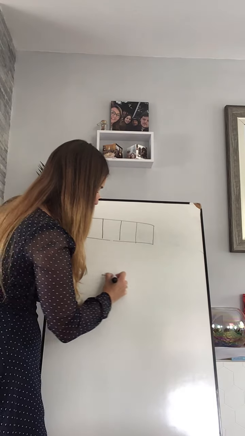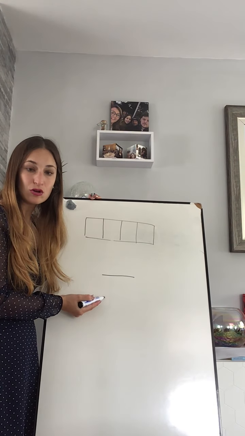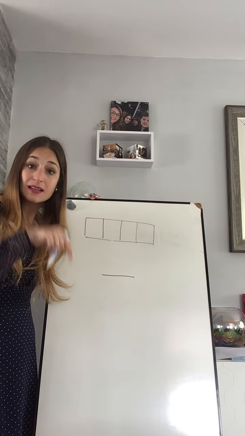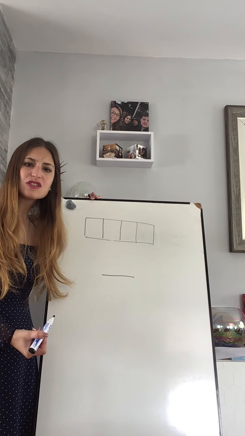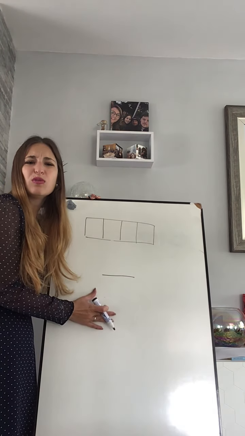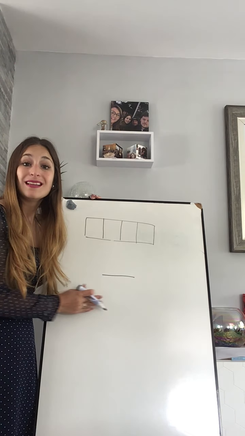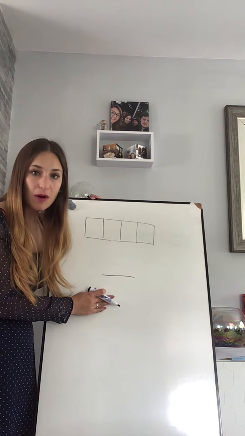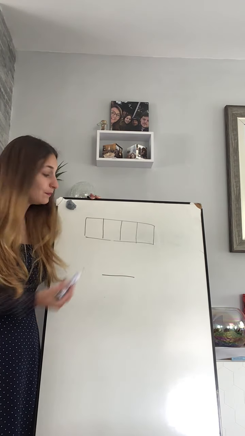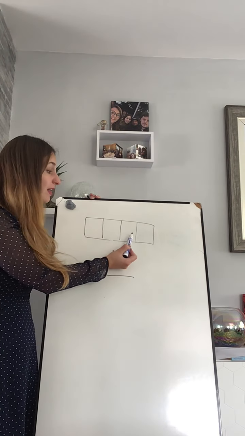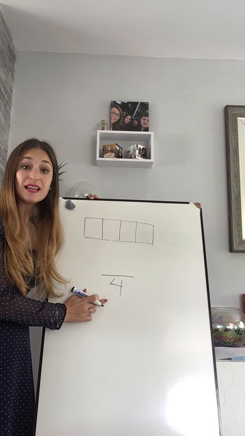We have to do a line, and we have our numerator and our denominator. The denominator is the number that goes down. What number do I put there to represent my fraction? The denominator is how many equal parts are in total. 1, 2, 3, and 4. That's right. So that is my denominator, 4.